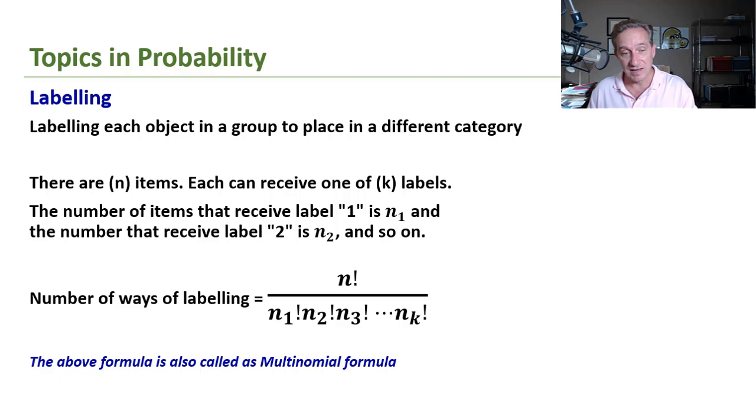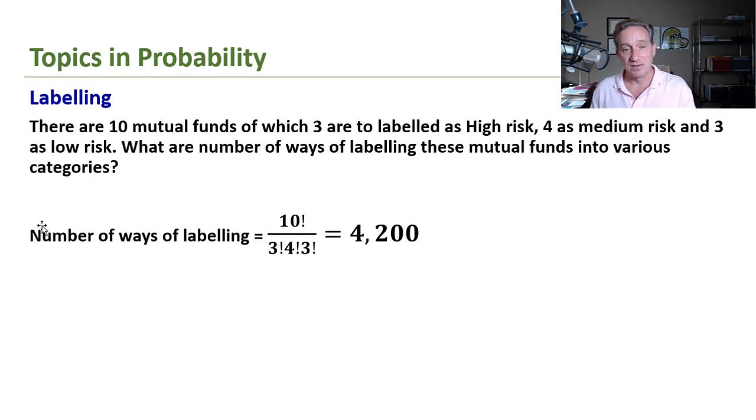So for example, if we have 10 mutual funds, of which 3 are labeled as high risk, 4 are labeled as medium risk, and 3 are labeled as low risk, then the total number of ways we can do that labeling, notice we have high, medium, and low, 3 categories in which to label, and we know how many are going to be in each category, is 10 factorial in the numerator, divided by the product of 3 factorial, 4 factorial, and 3 factorial.